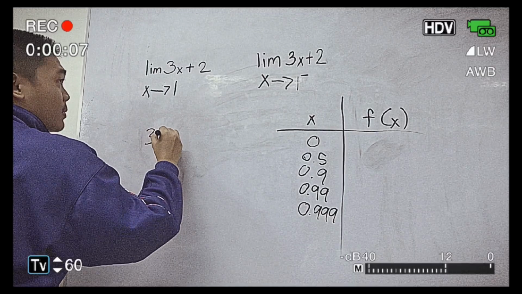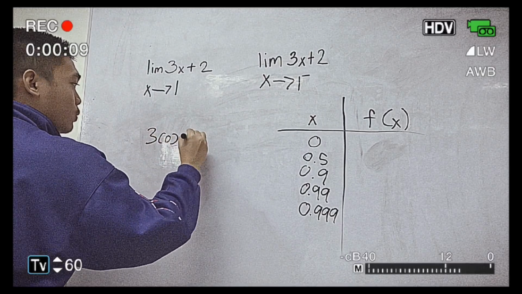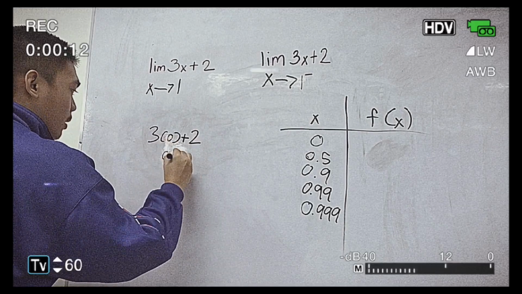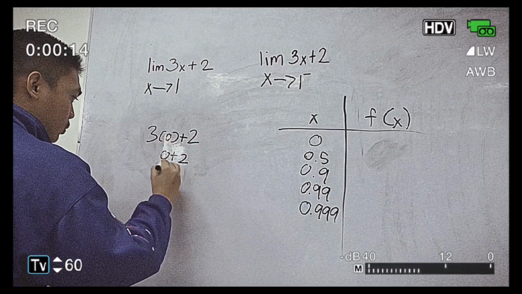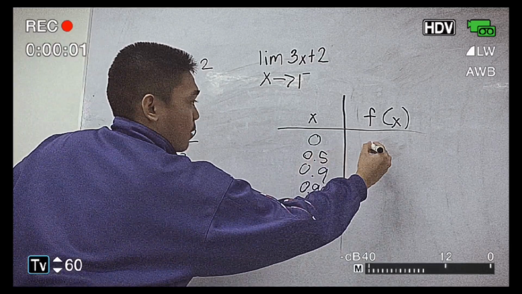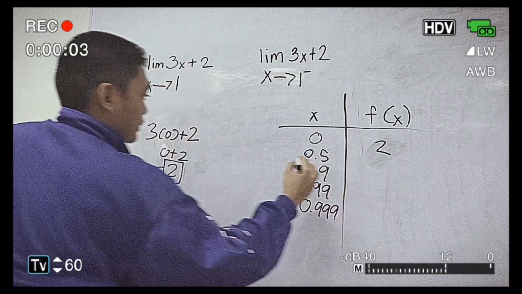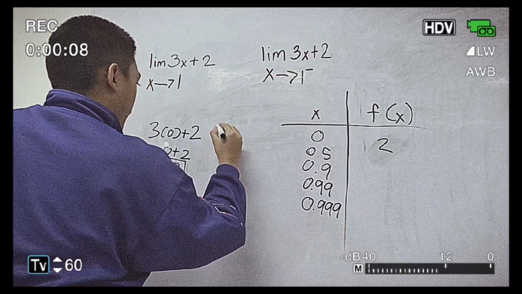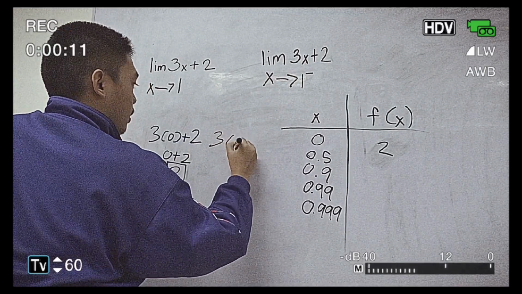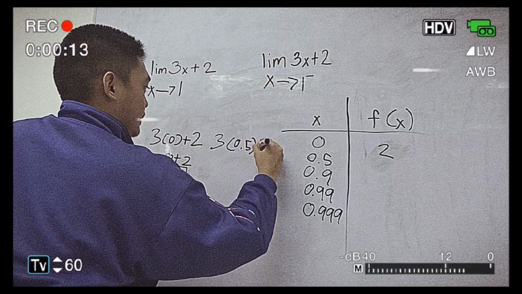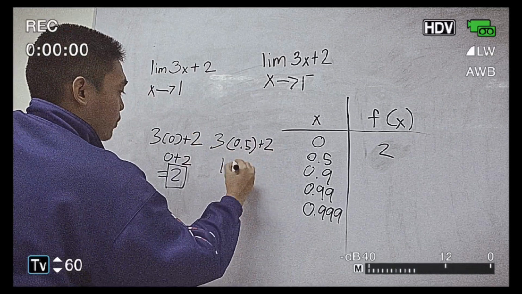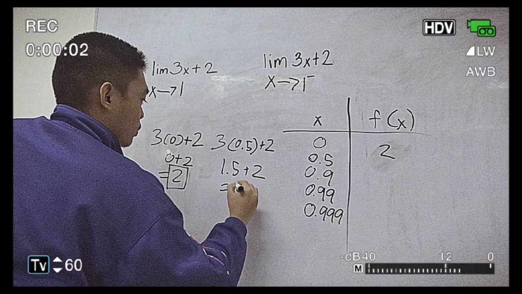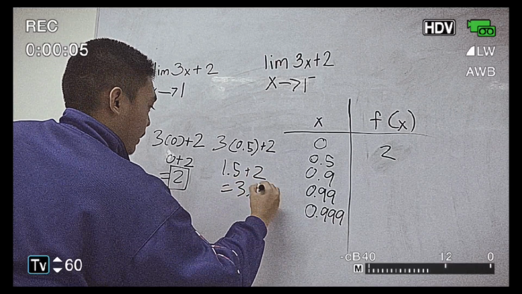Let us substitute first the value of 0 into our function, 3x plus 2. 3 times 0 is 0, plus 2, so our answer is 2. So, this is our f of x. Then proceed with another x value. 3 times 0.5 is 1.5, plus 2, is 3.5.